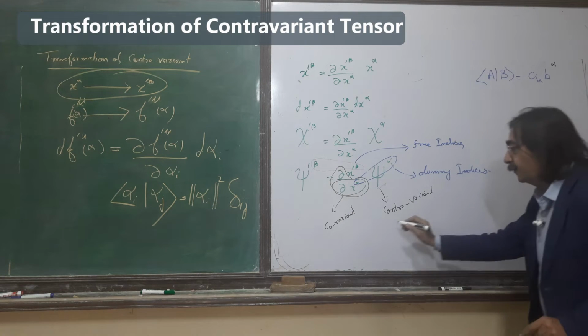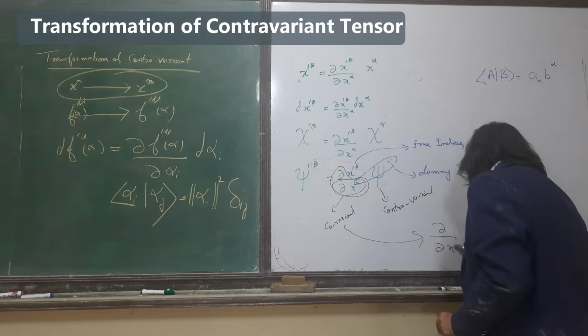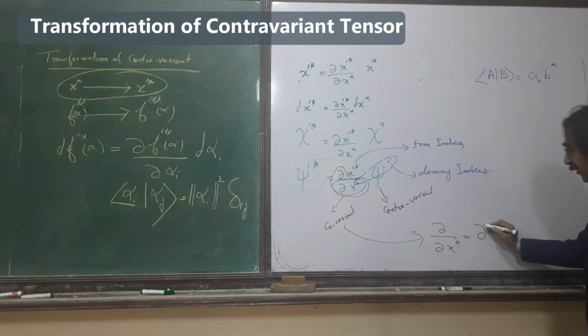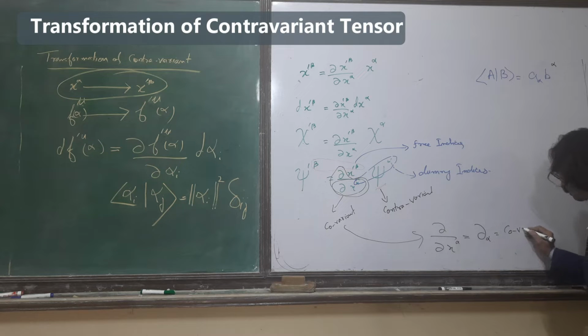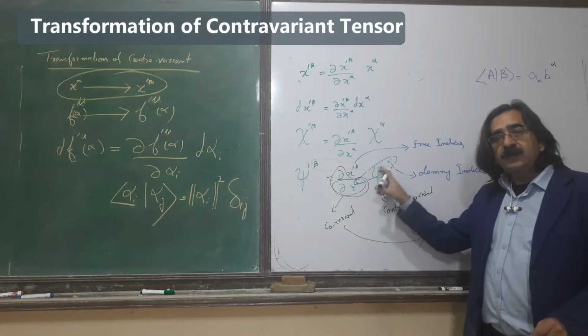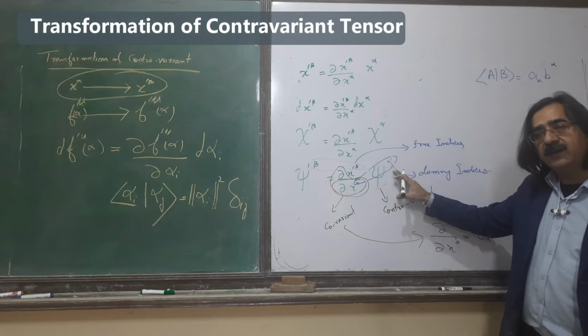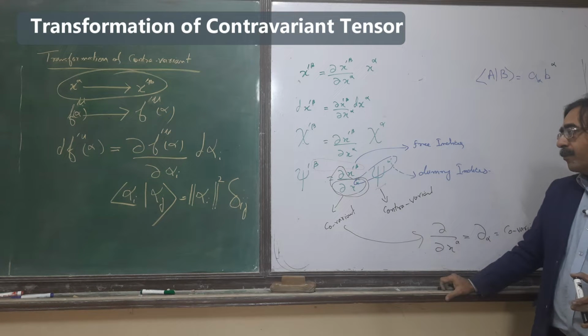In tensor form, if I write this partial, this is a covariant derivative. Why? Because contravariant will be contracted with covariant. So, according to this formula, if this is contravariant, this must be covariant, so that it will be a contraction. So this will be the transformation. Superscript.